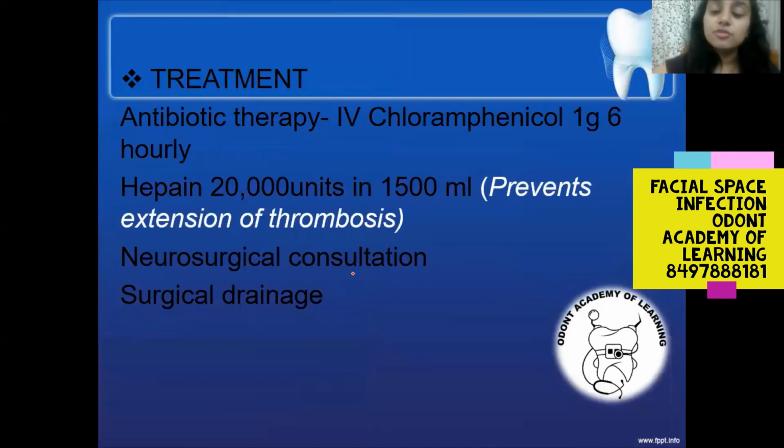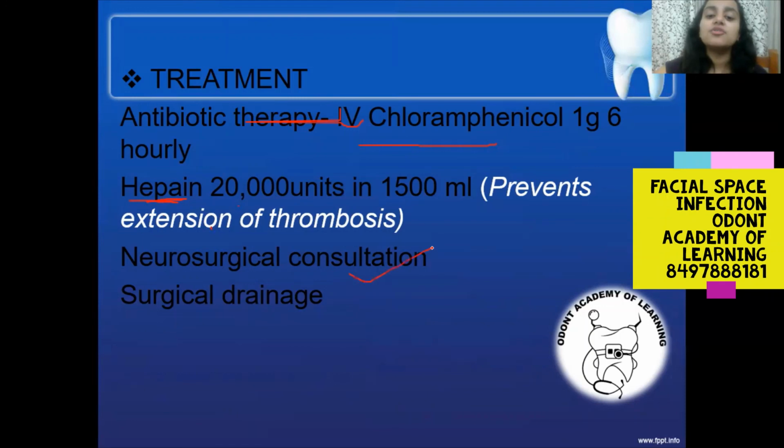Now, when it comes to treatment, of course, we start with antibiotic therapy. The drug of choice is chloramphenicol, which is given intravenously, 1 gram 6 hourly. Because a thrombus or clot is formed, we will obviously give an anticoagulant called heparin, 20,000 units in 1500 ml, which prevents the extension of thrombosis.